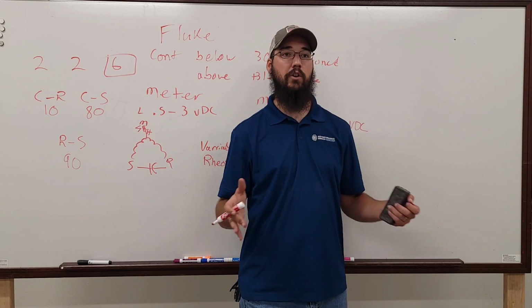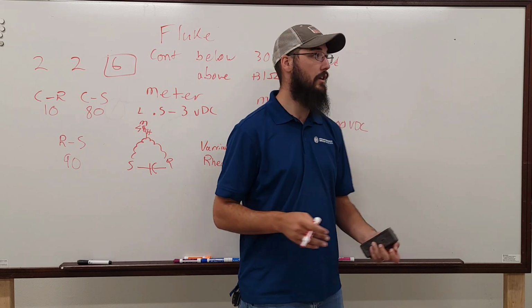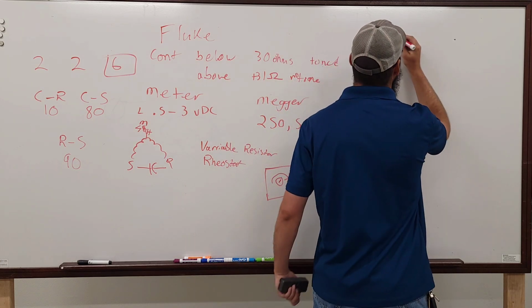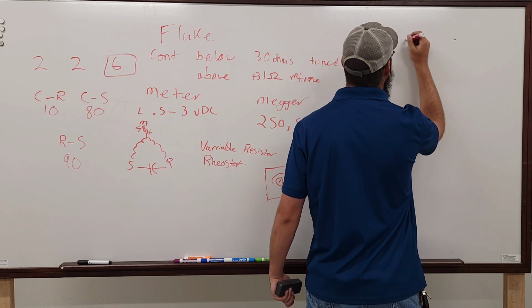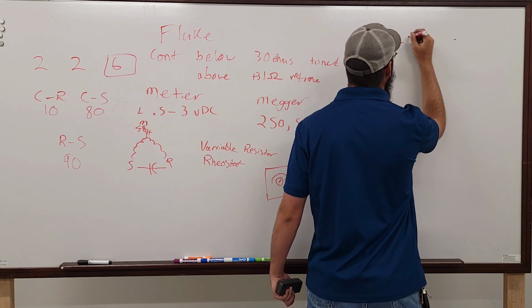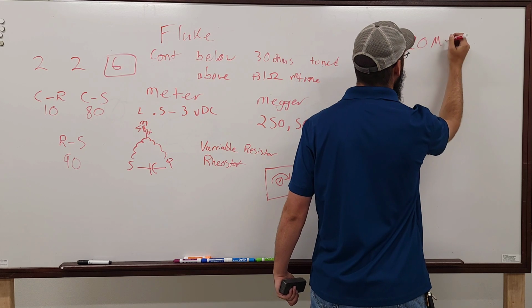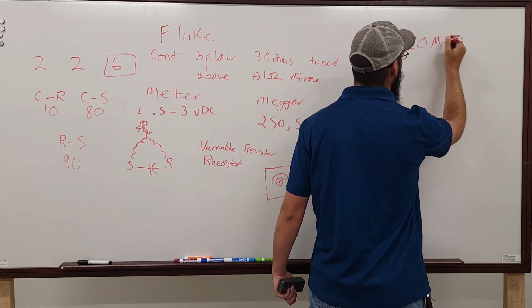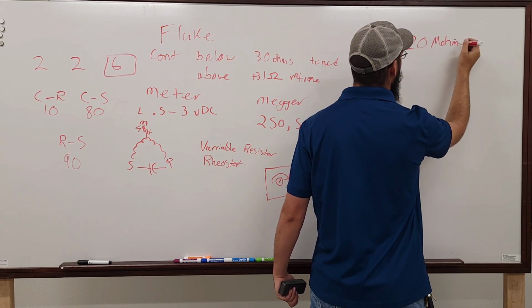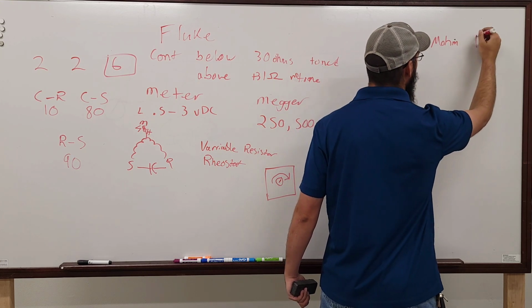The basic simple version that'll get you started is anything below 20 million ohms is considered bad.